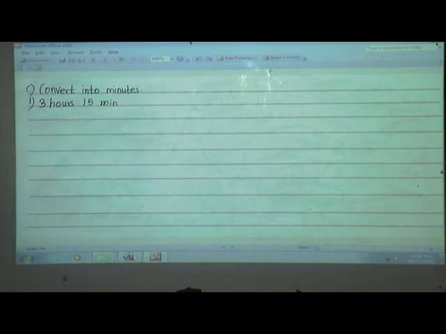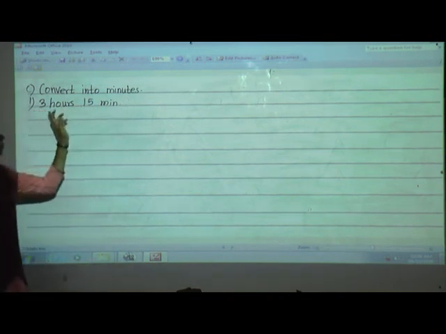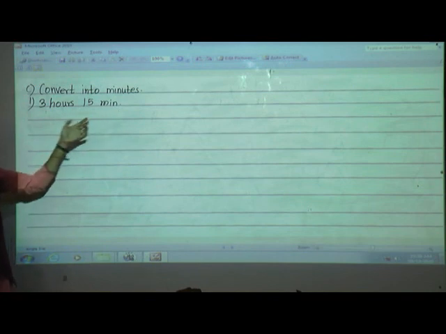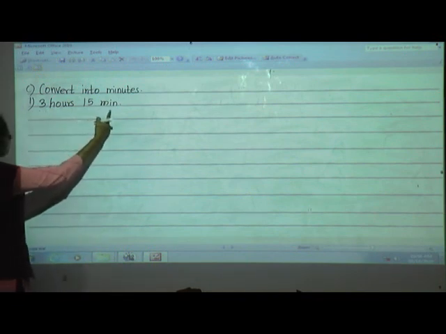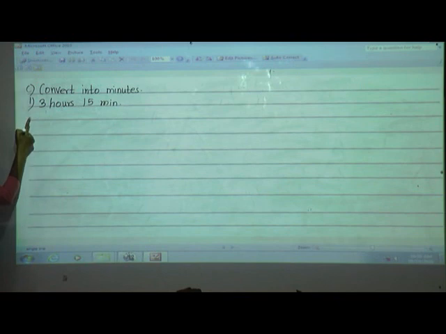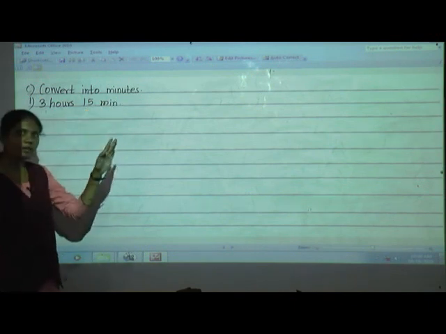Okay. See here, in the B question, we have to convert into hours. We have to convert hours into minutes. Now here they have given us hours and minutes also, that we have to convert into minutes. So let us see how to do. 3 hours and 15 minutes. First what we will do, these hours we will convert into minutes, and these minutes which are already given in minutes, that we will keep as it is.